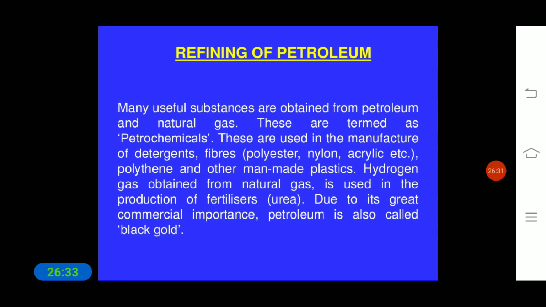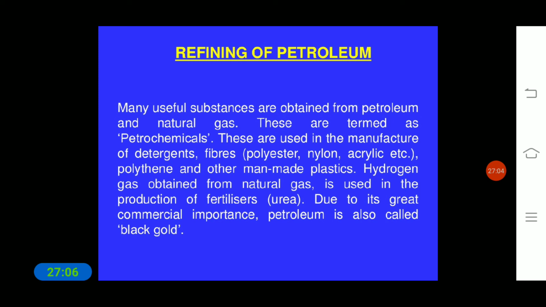The products which we obtain from petroleum are called petrochemicals, and these are used in the manufacture of detergents, and also fibers, that is polyester, nylon, acrylic, and polythene. While making polythenes, the petrochemicals are used.